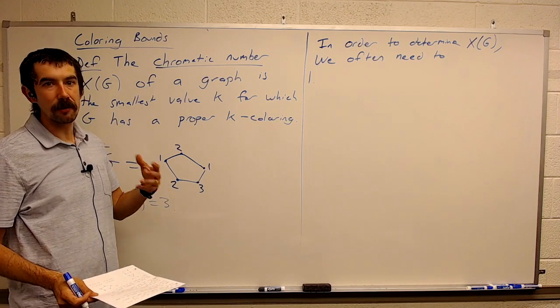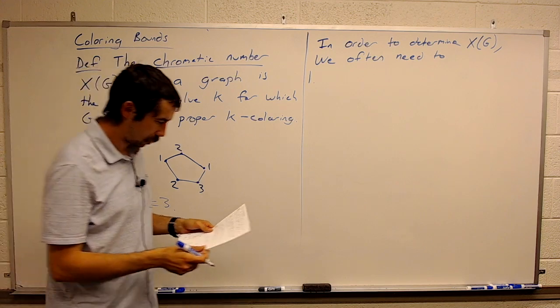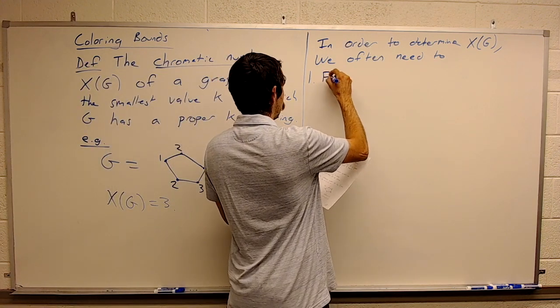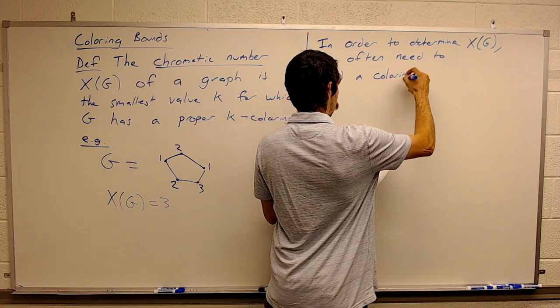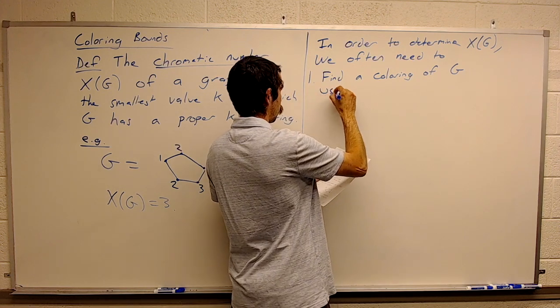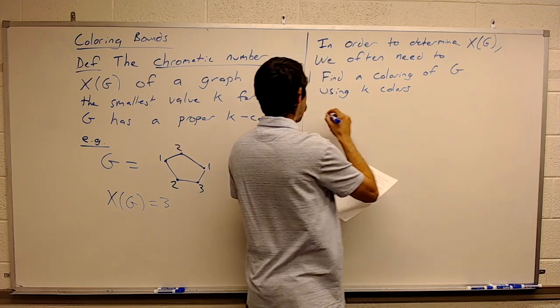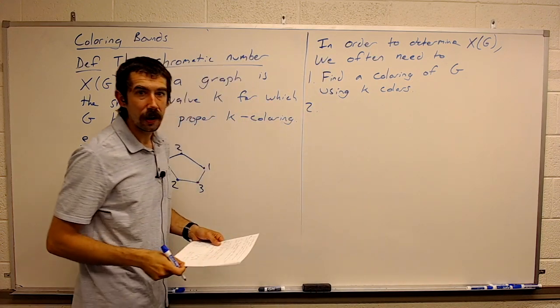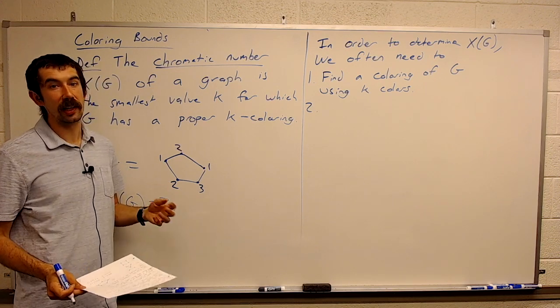The first thing we're going to do is actually find a coloring with a certain number of colors. And then 2, which is the hard part, argue why it's impossible to use fewer than k colors.